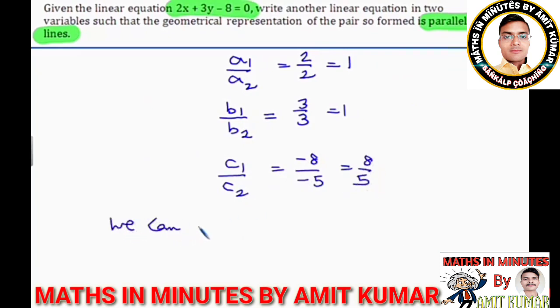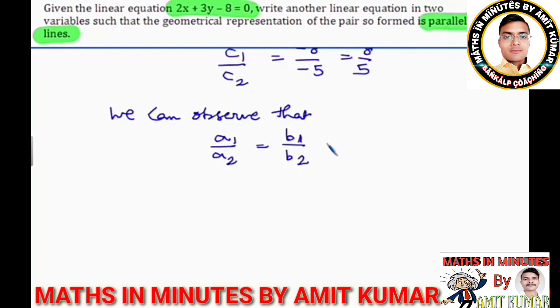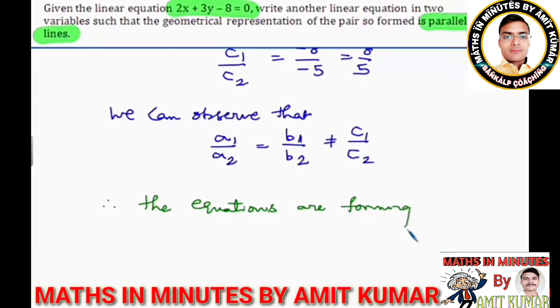Here we can observe that a1 upon a2 is equal to b1 upon b2 but not equal to c1 upon c2. Okay, so the equation we have written above is forming a parallel line with the equation 2x plus 3y minus 8 equal to 0. So we can say that the equations are forming a pair of parallel lines.